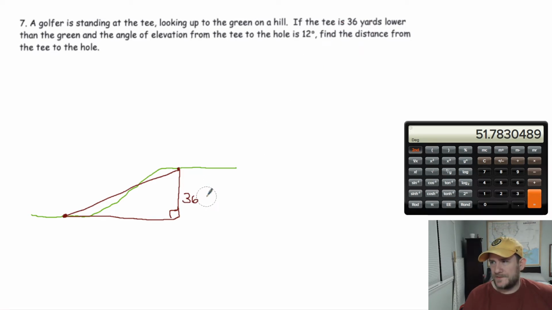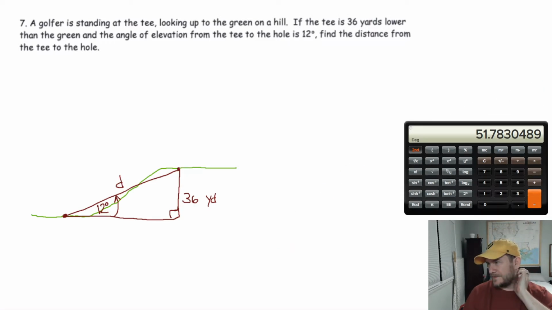So that's this dimension. The angle of elevation is 12, so that's this angle. And it says find the distance from the tee to the hole. So the distance would be the actual hypotenuse, that total thing there. I'll call that D for distance.